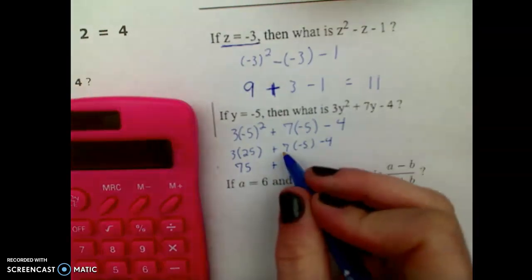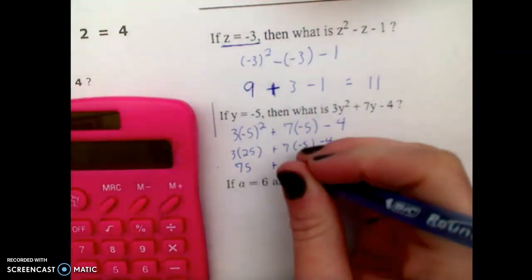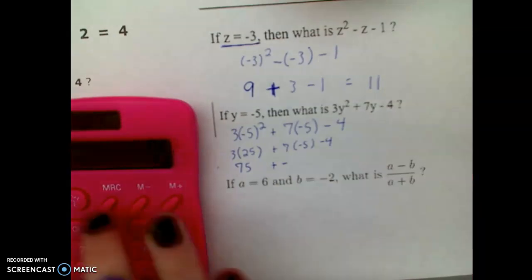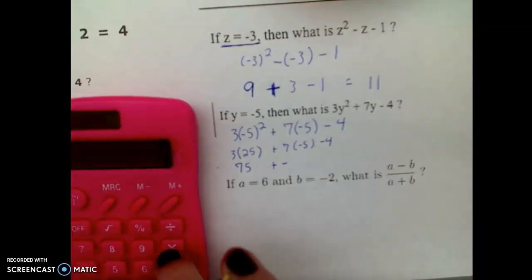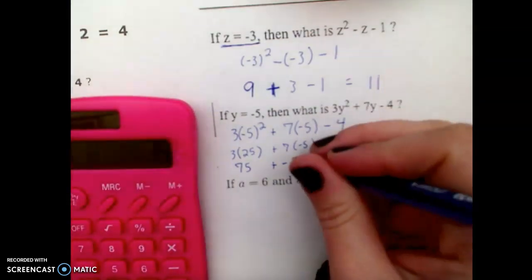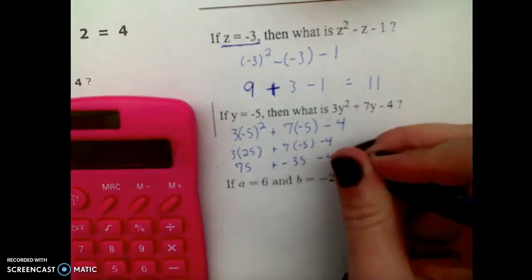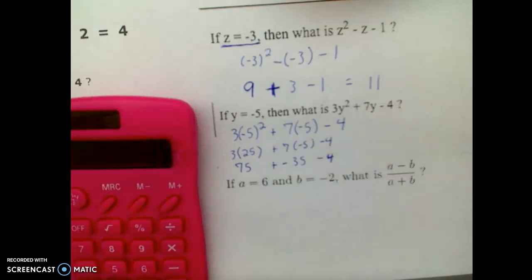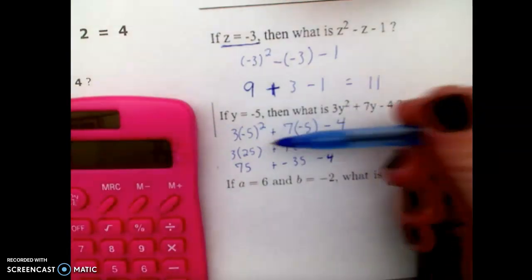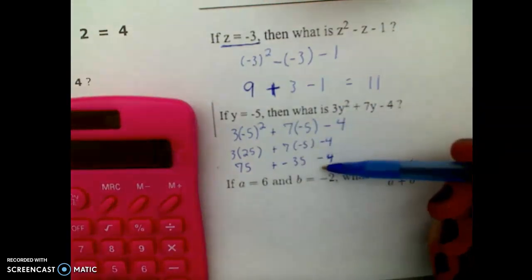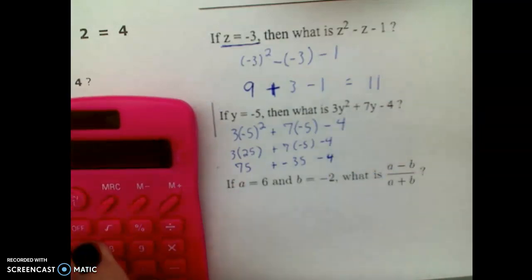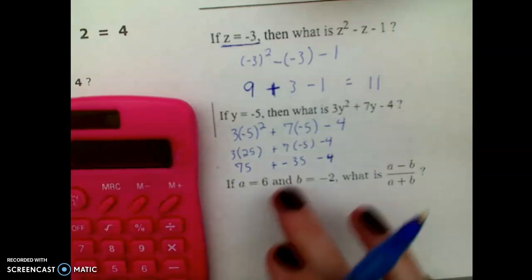Now I'm going to do 7 times a negative 5. I already know my answer is going to be negative. And 7 times 5 is 35. And I need to minus 4. Okay, we've done exponents. We've done multiplication. Now we're ready to add and subtract from left to right. 75.